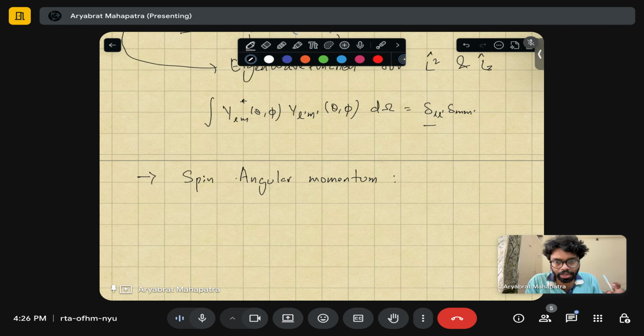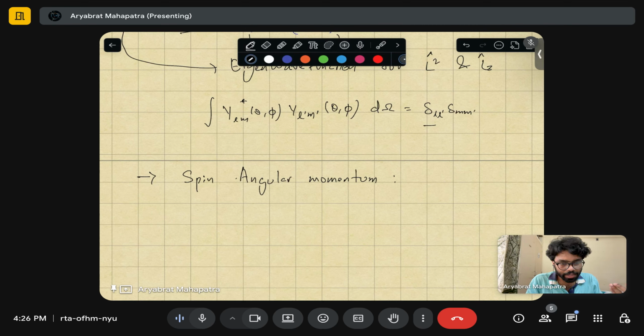If you take a spinning top and calculate the moment of inertia, you get some non-zero moment of inertia, which gives you an intrinsic measure of the rotation of that object.